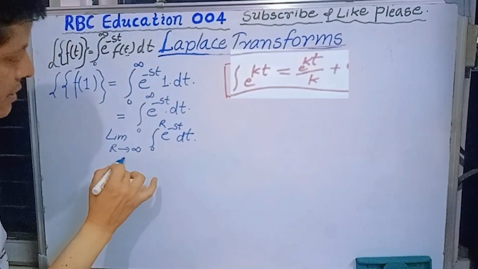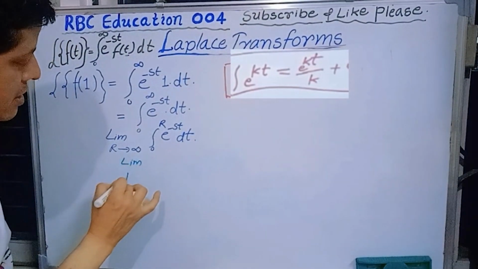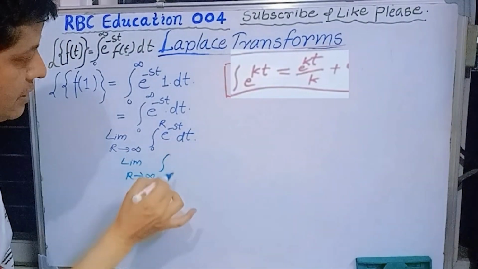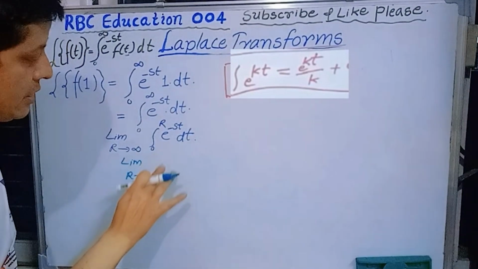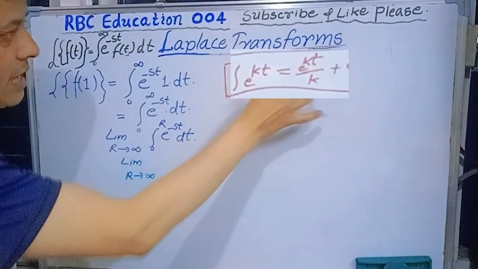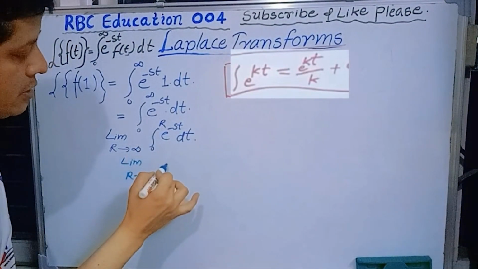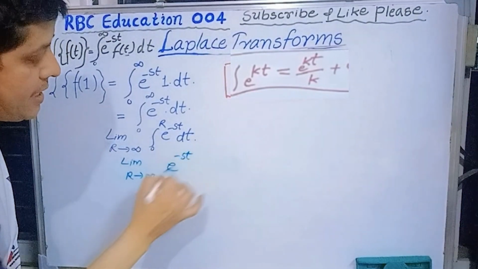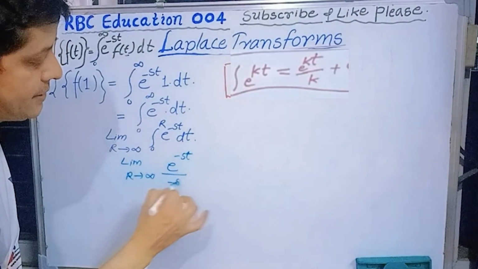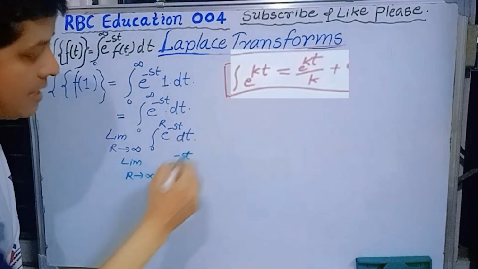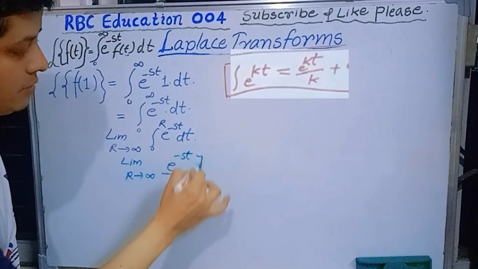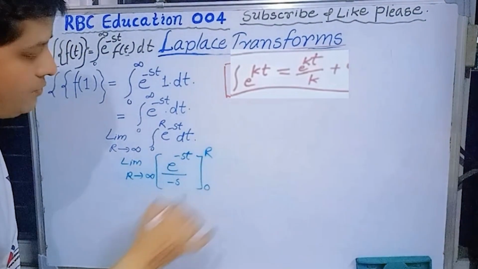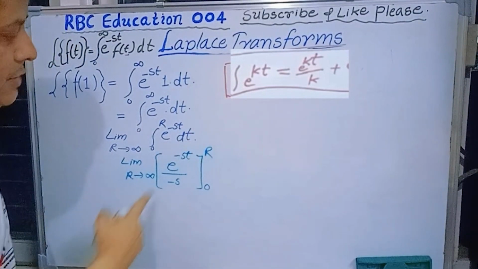So, with the limit r tends to infinity, we remove the integration because we have obtained it, and we get e^(-st)/(-s) with upper limit r and lower limit 0.